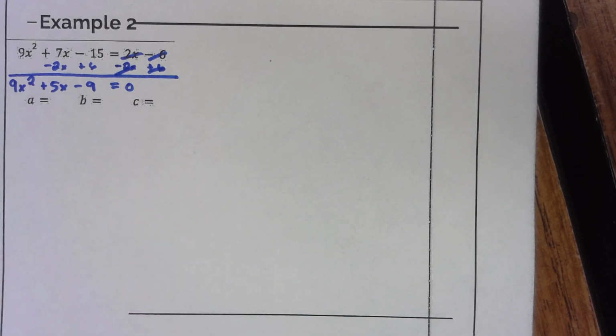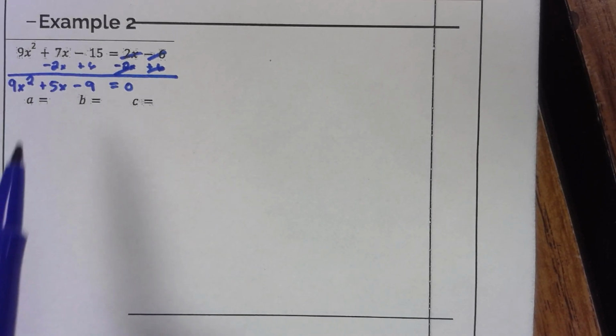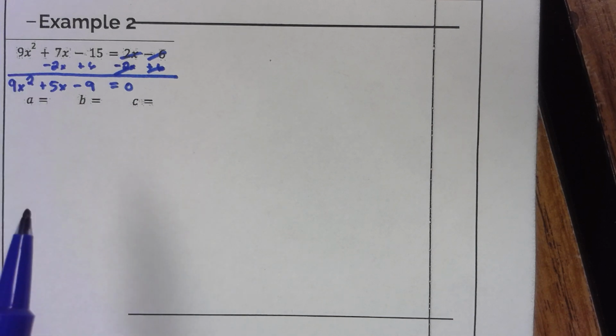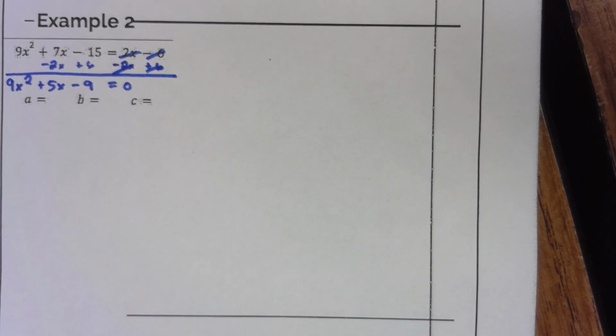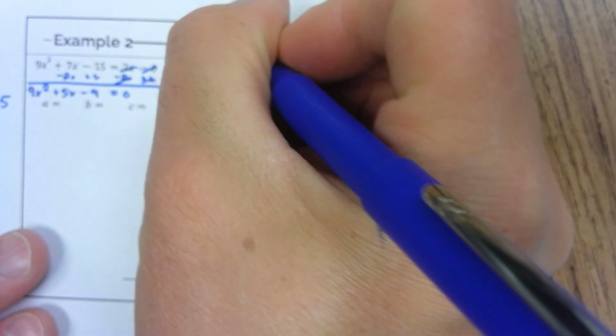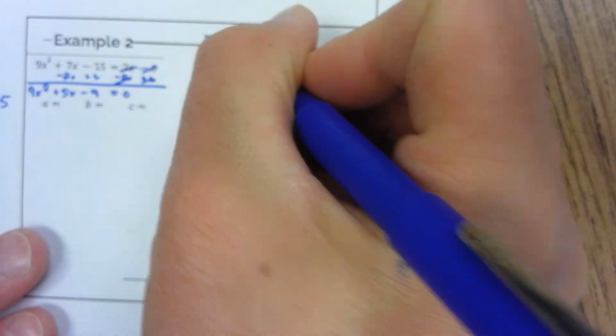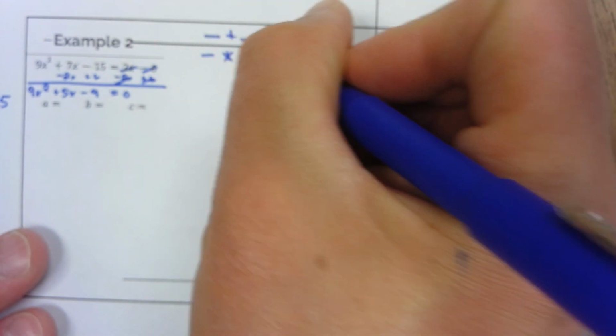First thing I try is, can I solve with square roots? Well, I can't do that because of this x being here. Whenever we have x squared and x's, square roots will never be an option. So I'm like, okay, maybe factoring. If it's factorable, that means we should be able to find two numbers that add to b, which is 5, and multiply to a times c, which is negative 81.